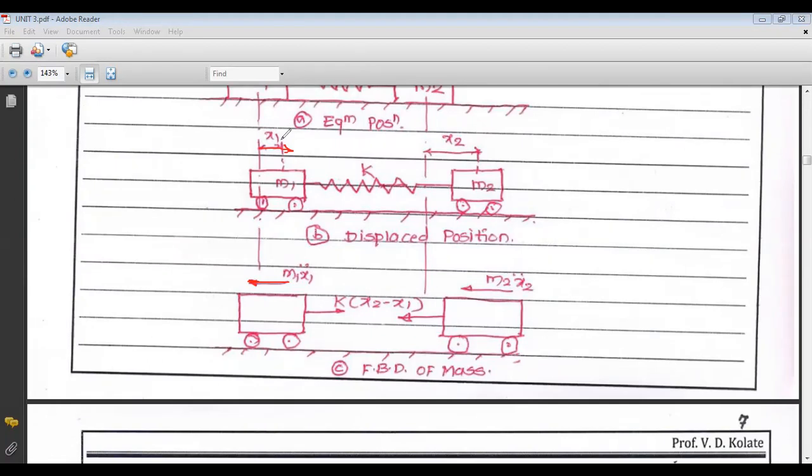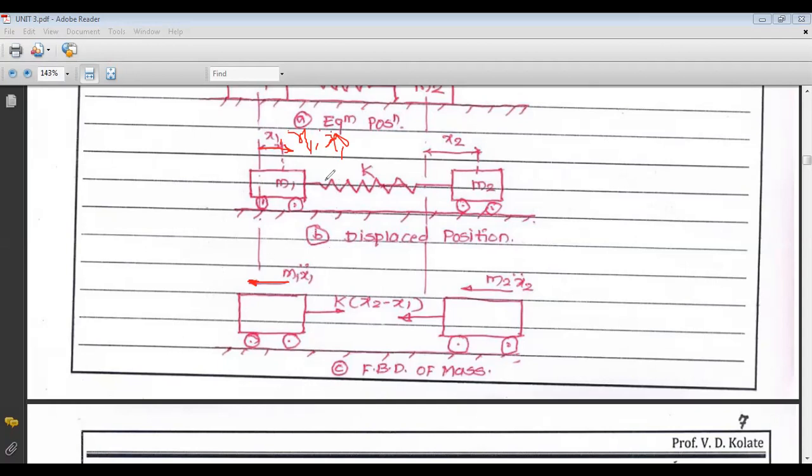So displacement is on the right hand side, so velocity x1 dot is also on the right hand side, and acceleration is also on the right hand side, so x1 double dot. So the inertia force, that is mass into acceleration, that is m1 into x1 double dot, is opposite.